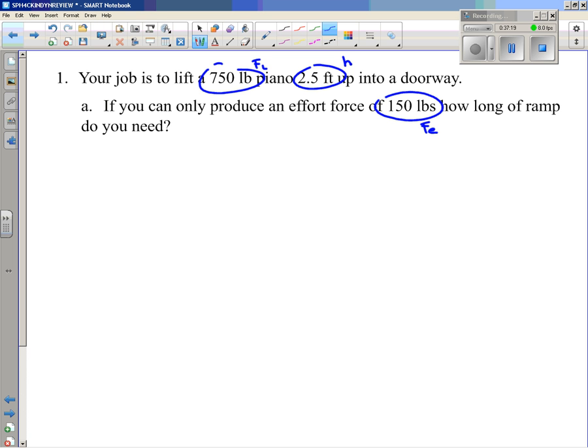Now, these ones are a lot easier. It's just FL times height equals FE times length of ramp. We've got everything except for length of ramp. So it's 750 newtons, no, pounds, times 2.5 feet equals 150 pounds times length.